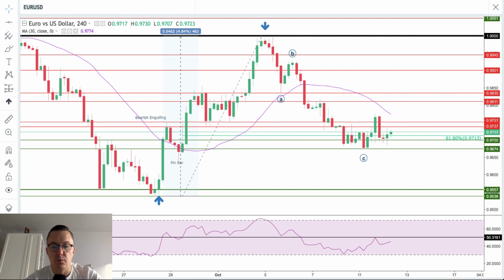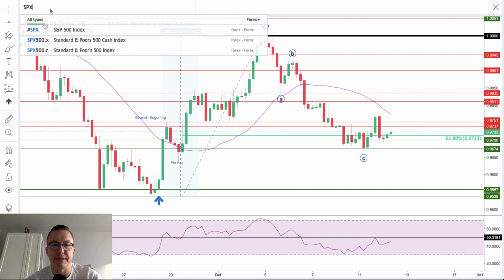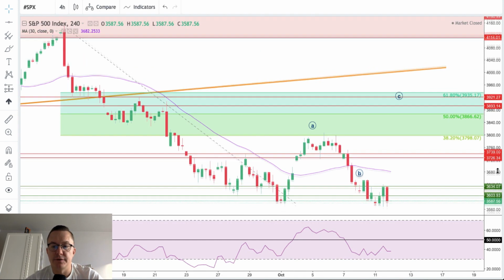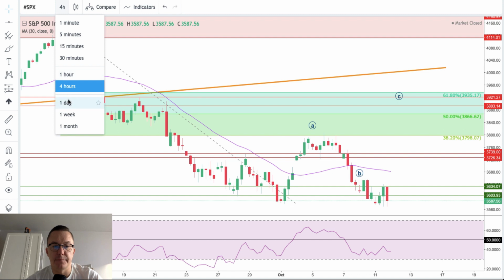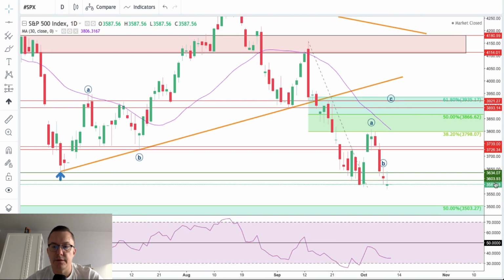So what is the S&P 500 doing? Let's do SPX. S&P 500 index, this is the daily time frame chart. Sorry, 4-hour time frame. Let me just switch to the daily. This is not that much clear anymore.